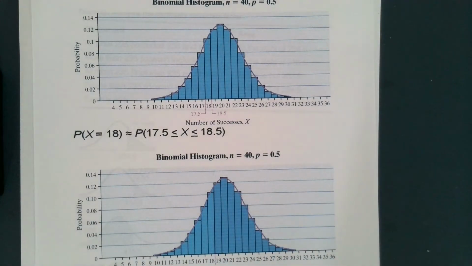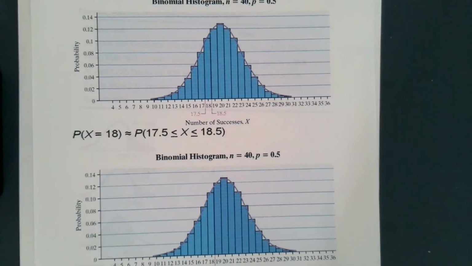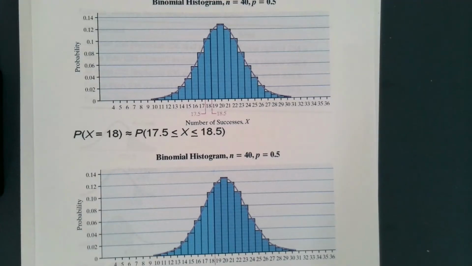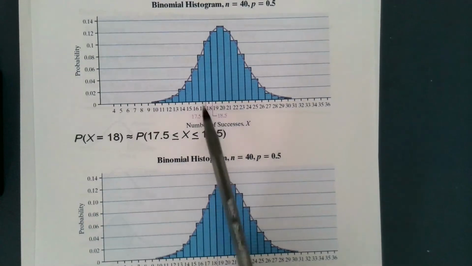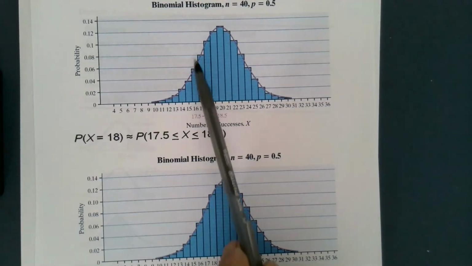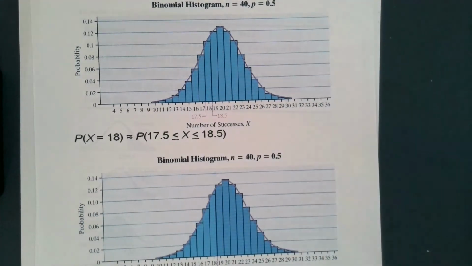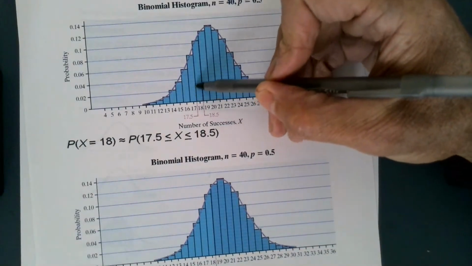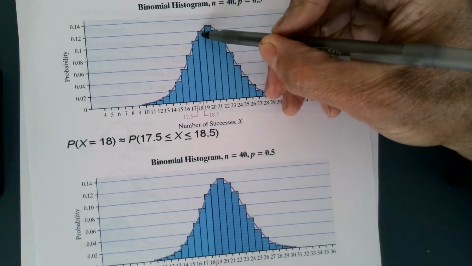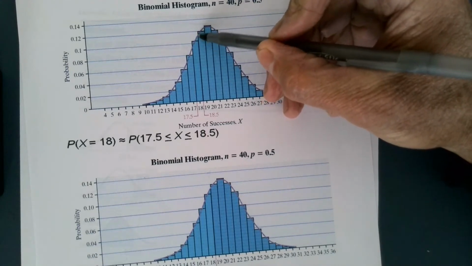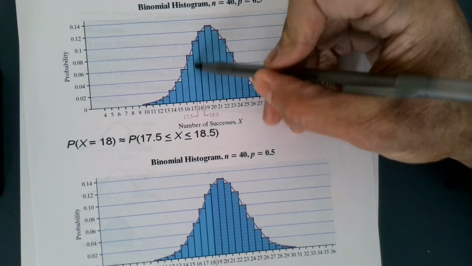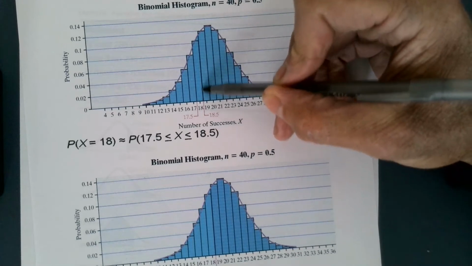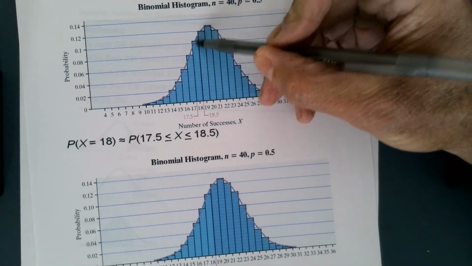If we want to use the normal distribution to approximate it, we would find the area under the normal curve from 17.5 to 18.5. It would be this area under the normal curve right here, from here to here.